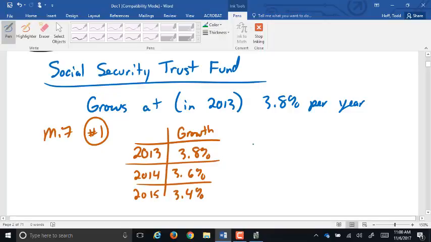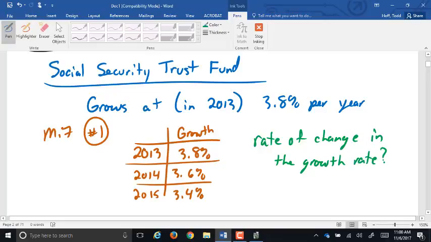What is the rate of change in the growth rate? It's negative, yes.